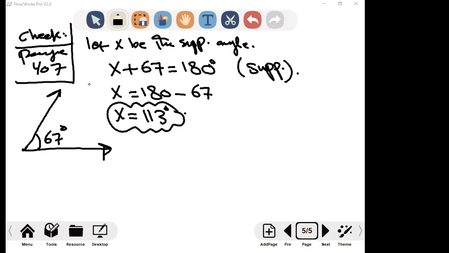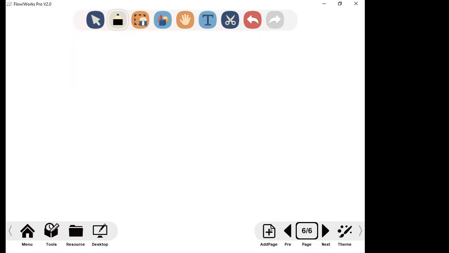So if the two angles are equal and supplementary, something like this, 90 and 90. This case only happens if the two supplementary angles are equal. Else, we have one acute and one obtuse, right? Done. This is the check of example 3. Let's go to example 4.